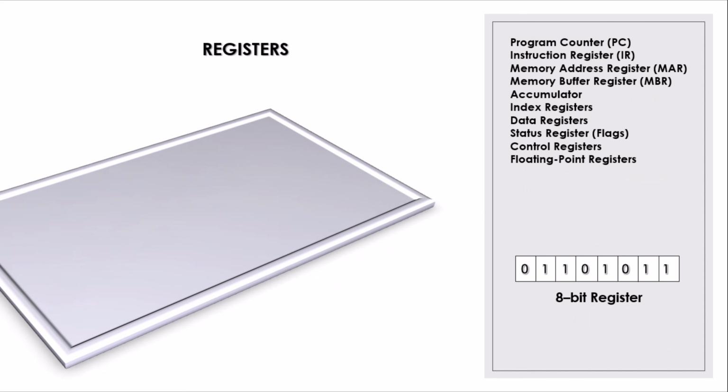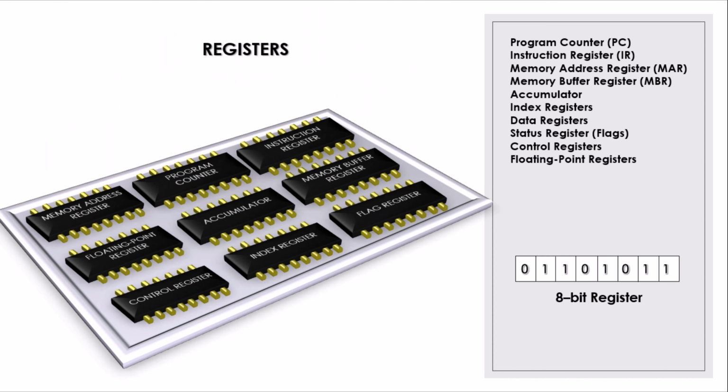Next, we have registers. Registers are also temporary storage, but these hold data that is being used in operation and needs to be read directly. A register is basically a single 8, 16, 32 or 64-bit device that can hold data in a CPU. We have various registers in a CPU for different functionalities, like the program counter, which counts through the data in the RAM. We'll see this next. The instruction register holds the current instruction to be executed.